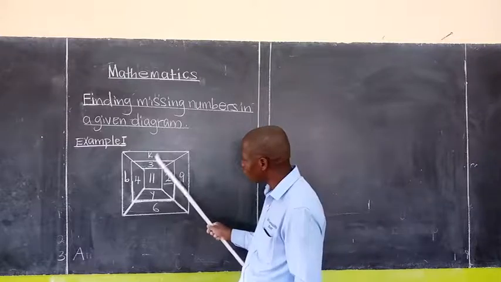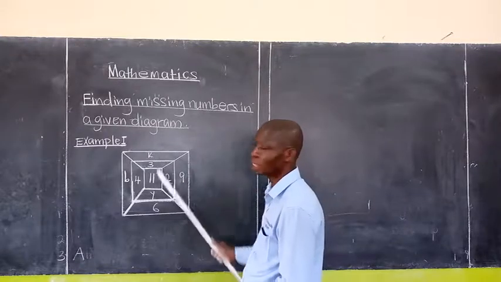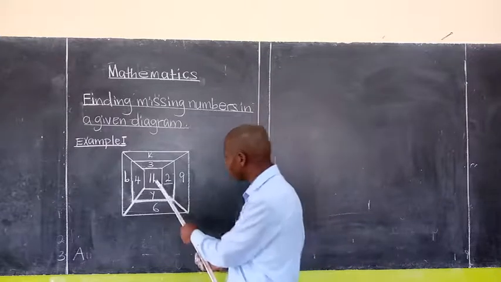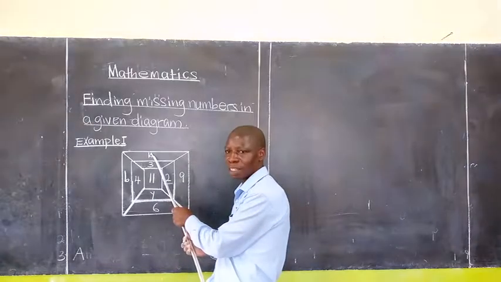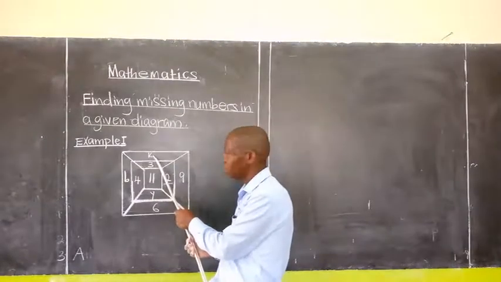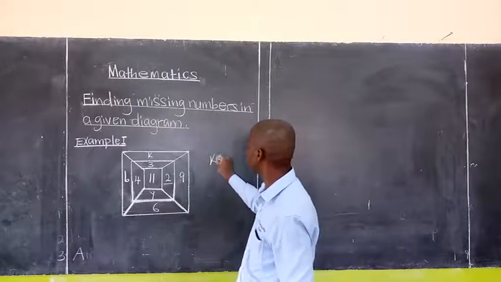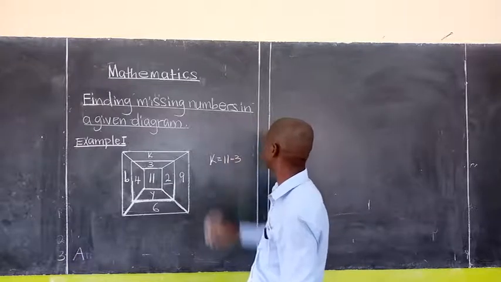So what is K? How will we get K? To get K, we take 11 and we take away 3 so that we find out what is there. So we say K equals 11 take away 3.